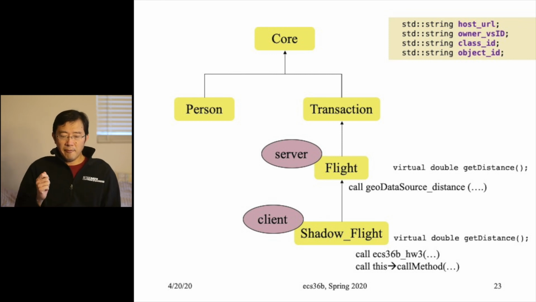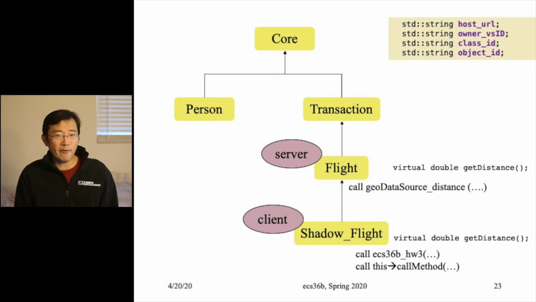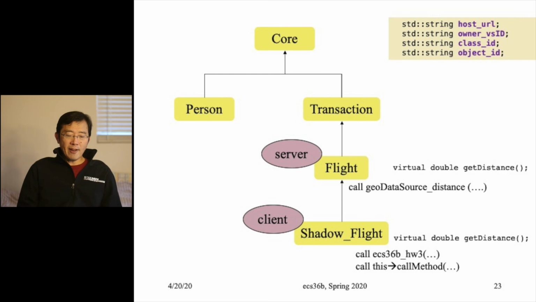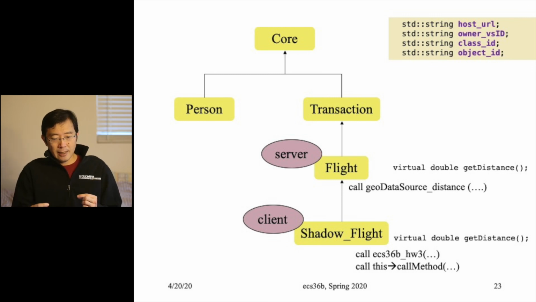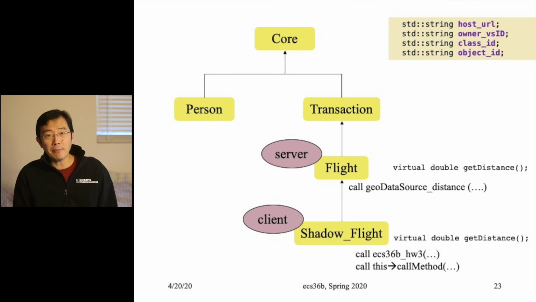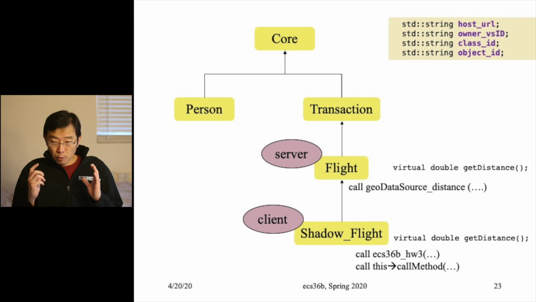The very critical point here is the virtual function get distance. You can see that function is in fly, but also in Shadowfly. It's the same function, but the behavior is totally different. It depends on how you create the object, not on how you cast the object.